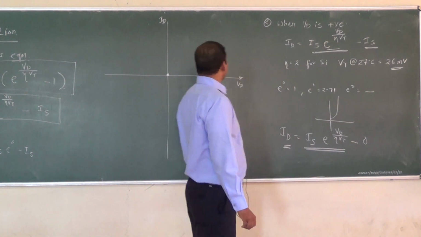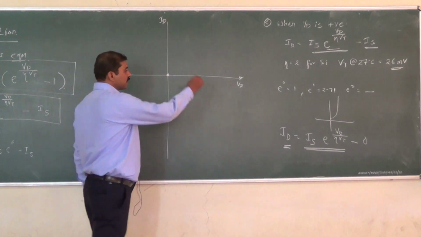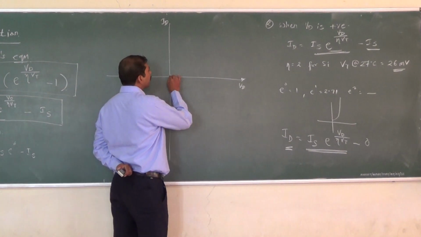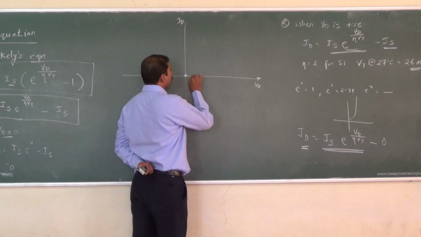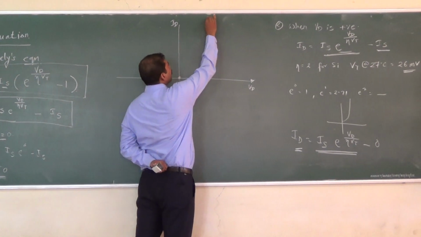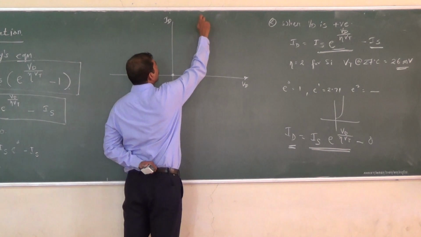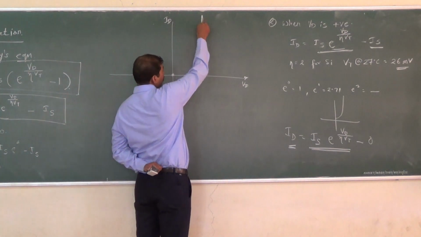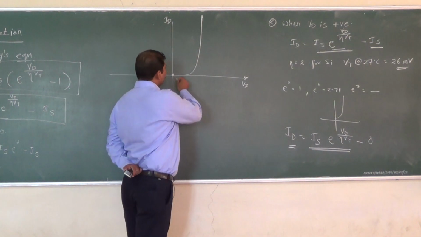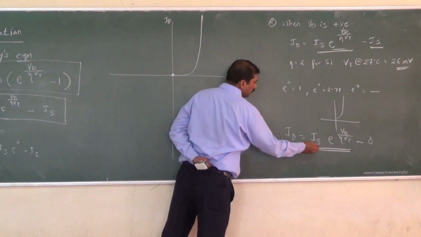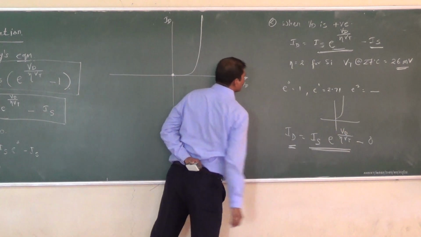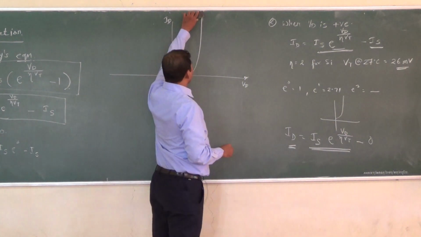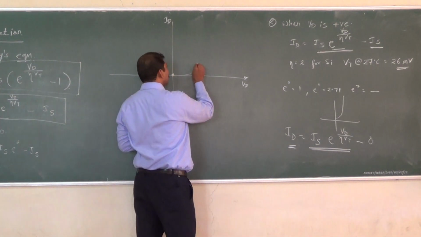Now this is represented on the VI characteristics by this line. Due to the exponential nature, we get a curve like this, so it has to be drawn almost vertical.